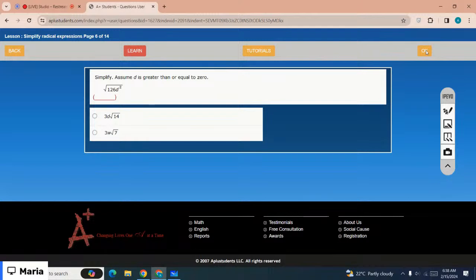The next one is simplify square root of 126 d square, which is the correct option.